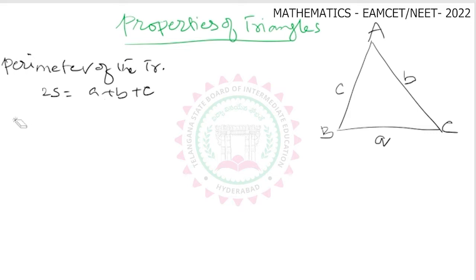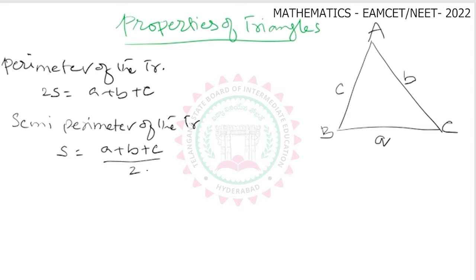So semi-perimeter of the triangle is small s is equal to (a plus b plus c) by 2. Is it clear? So perimeter is sum of the sides. Semi-perimeter is s is equal to a plus b plus c divided by 2.